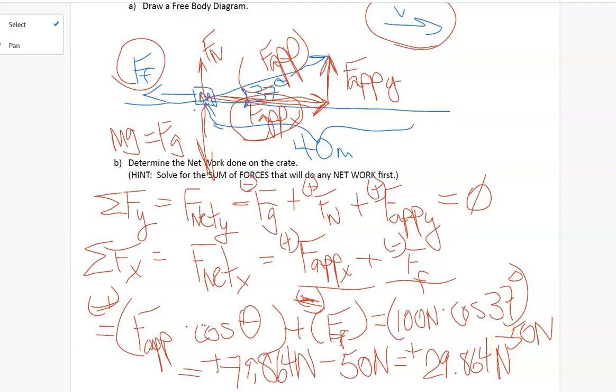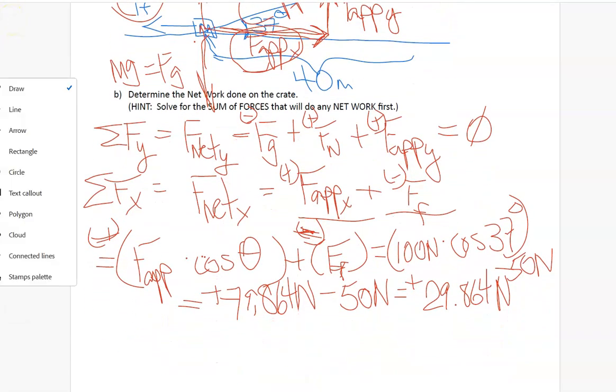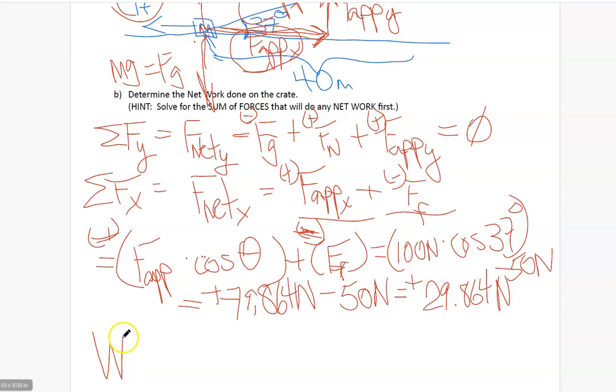And now, if you want to calculate the work, at this point, calculating the work is easy. It's just the force in the correct direction, which is in fact the x direction, times the displacement in the x direction.